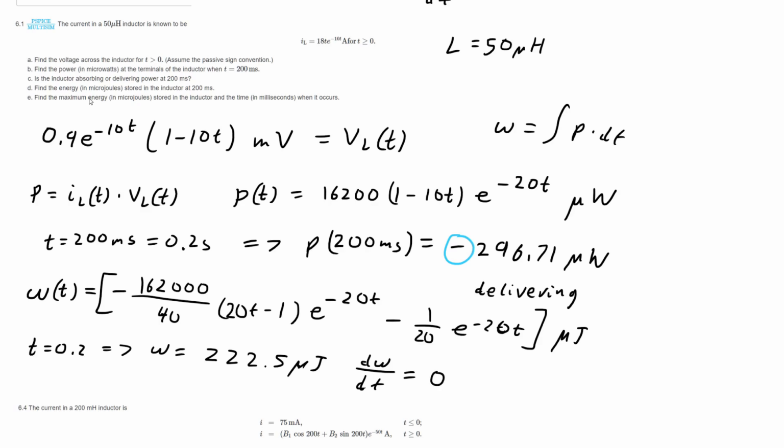I ended up just using the power equation, because if you take the derivative of this integral, then we end up getting what we had before, and I ended up finding that the maximum was 1415 microjoules, and the time that happened was 50 milliseconds. So yeah, this stuff isn't super hard. I know I didn't write it out all the way, but it's just calculus, so not too bad.